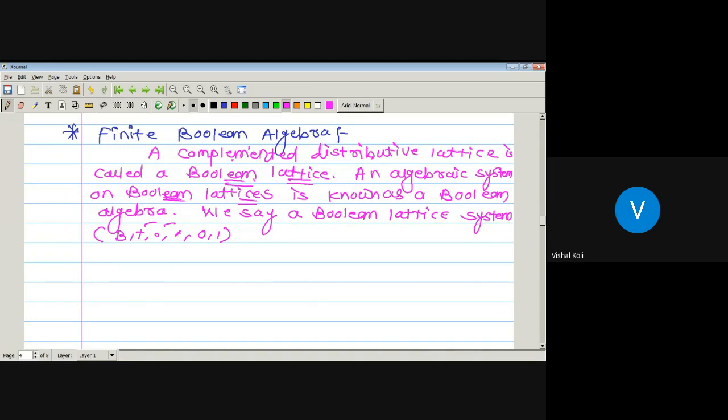So the dash denotes the complement of every element, and 0 and 1 are the least and greatest elements respectively. We can denote it as B, plus, dot, dash, 0, 1, where plus, dot and dash are the join, meet, and complement operations respectively.